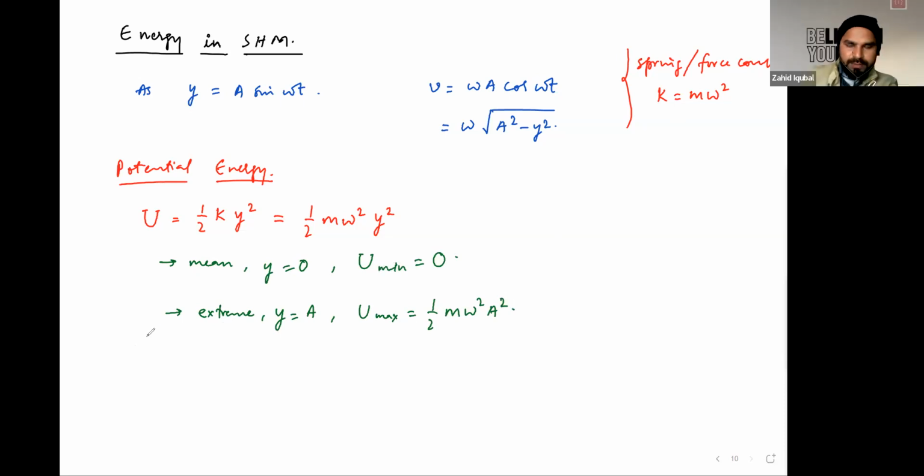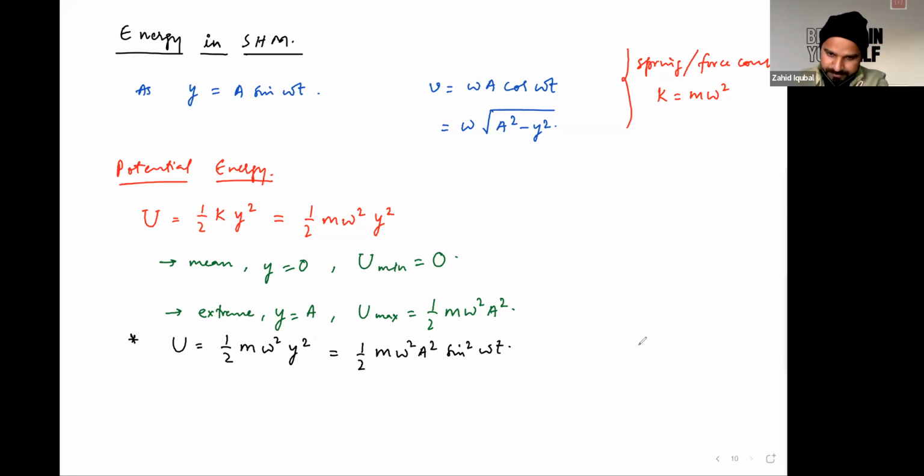Again, we may define this potential energy in terms of time-dependent function. Potential energy is equal to half m omega square y square. In place of y, if you substitute a times sine omega t, it will become half m omega square a square sine square of omega t.